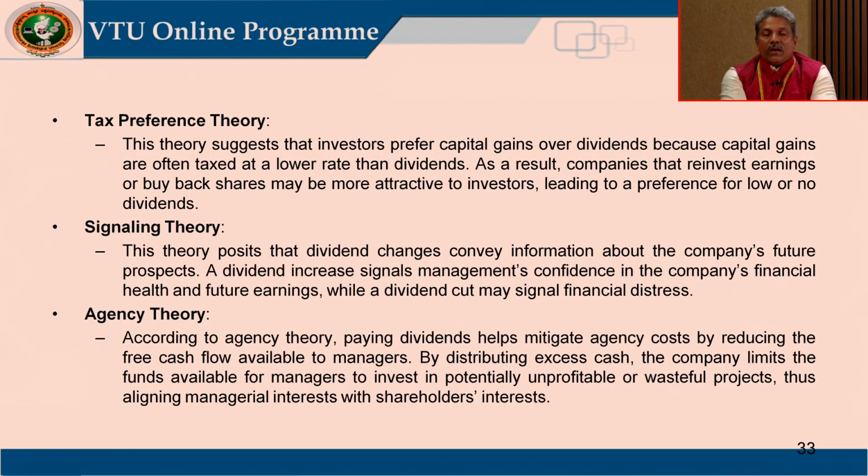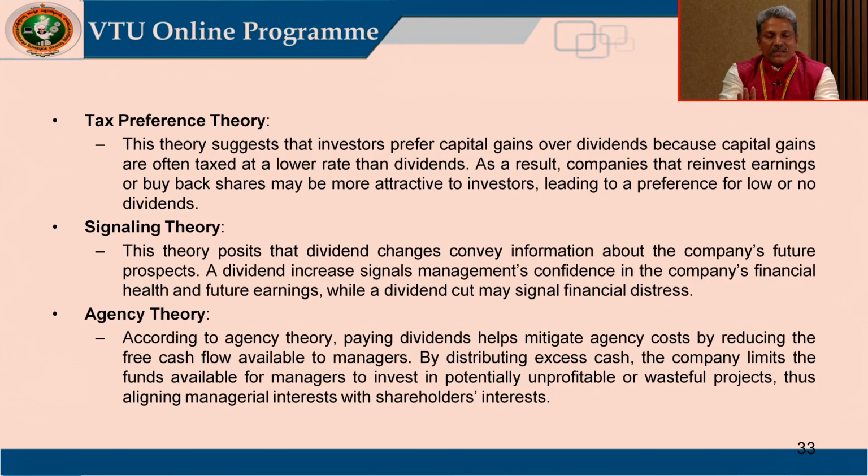So, a dividend cut, a dividend not paid or paid less, shows a signal of financial distress of the company. That is signaling theory, as the name suggests. Payment of dividend or not payment of dividend shows a signal.